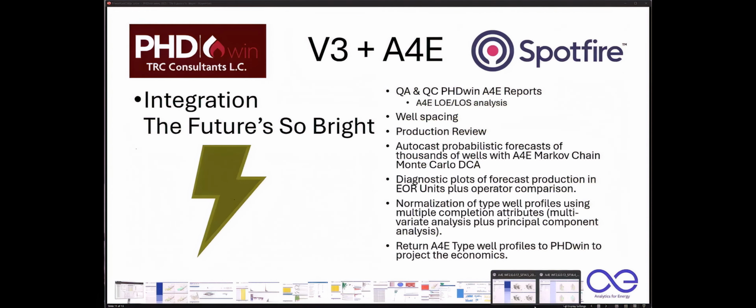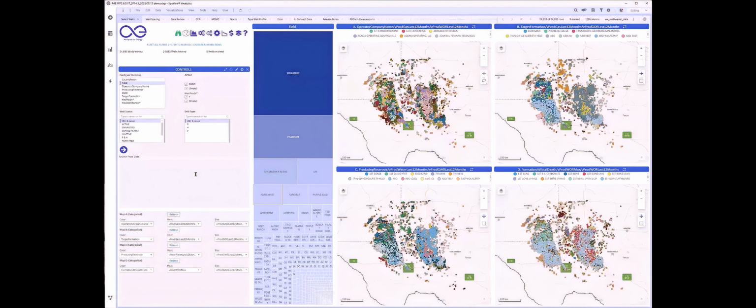Very good. To set the stage, A4E is a Spotfire based tool. Hopefully many of you on board here are familiar with Spotfire. It's a flexible, very powerful analytics engine that allows us not only to do calculations and computations inside it, but it also has very flexible visualization and selection capabilities, which you will see here.